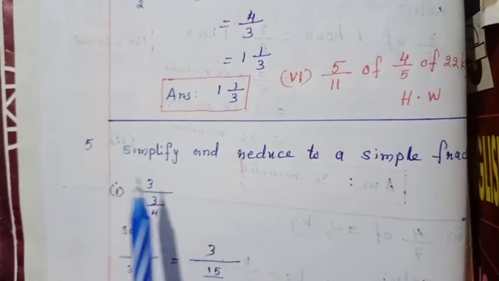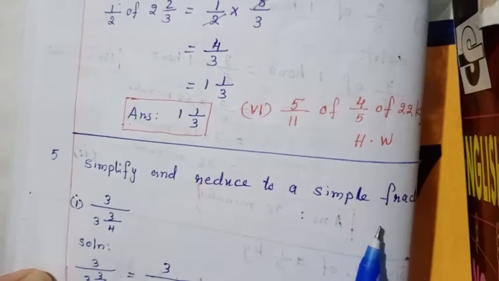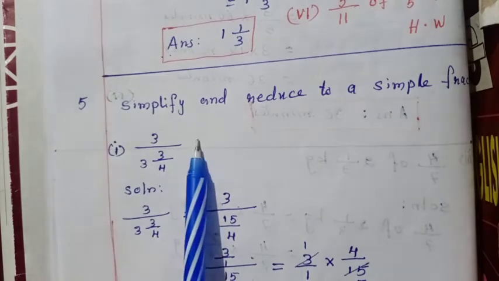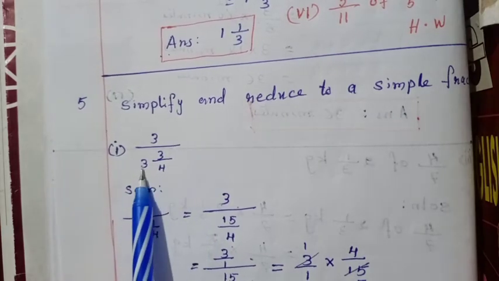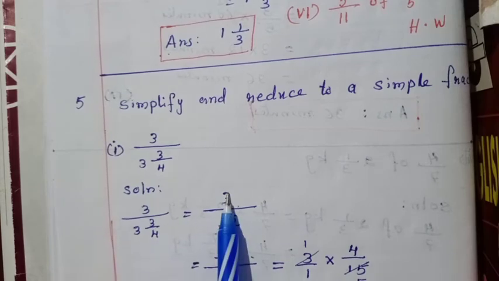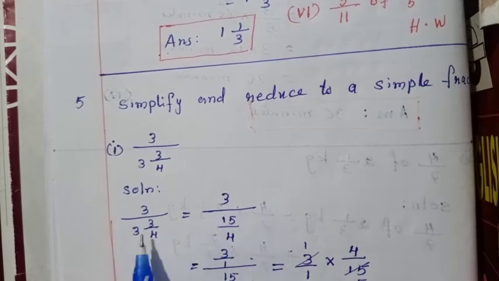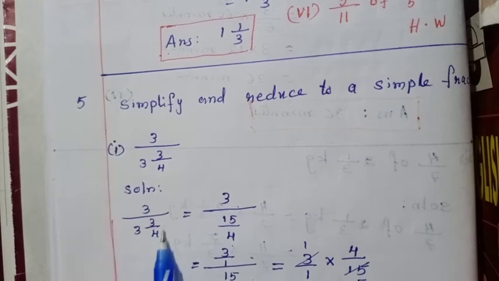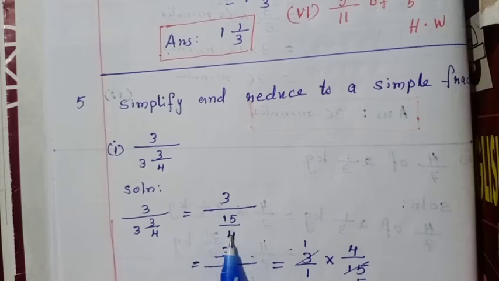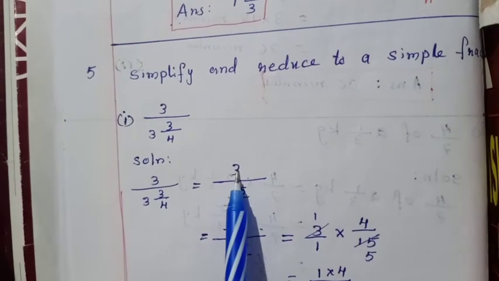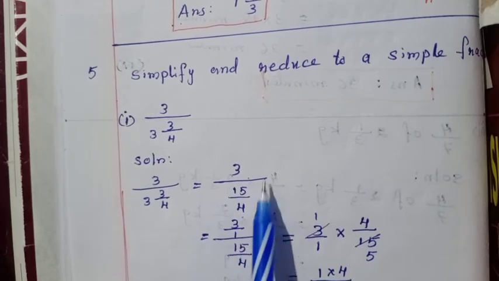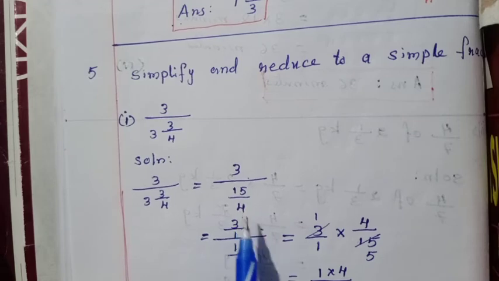Next, number 5, simplify and reduce to a simple fraction. So the first question: 3 all by, this is a common division line, by 3 by 4. So the numerator number is 3, the denominator number is 3 by 4. The mixed fraction we convert and change: 4 into 3, 12 plus 3, 15, 15 by 4. Then this 3 we can write as 3 by 1. Then the division 15 by 4.